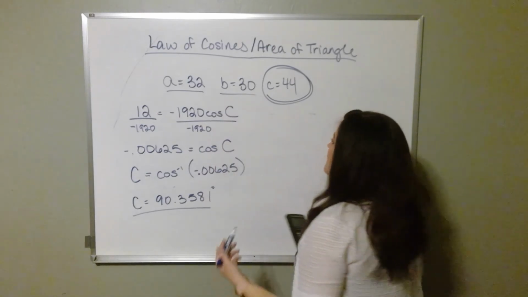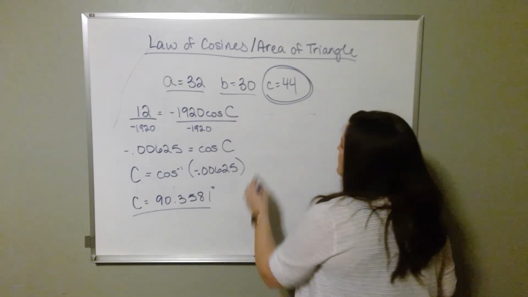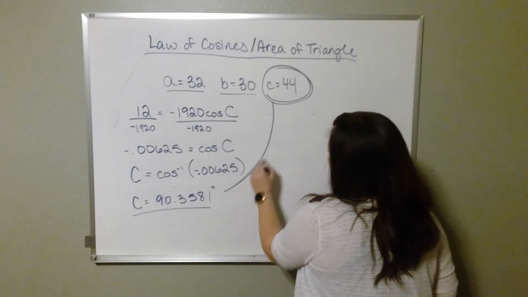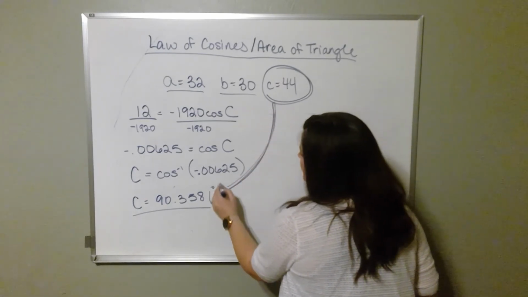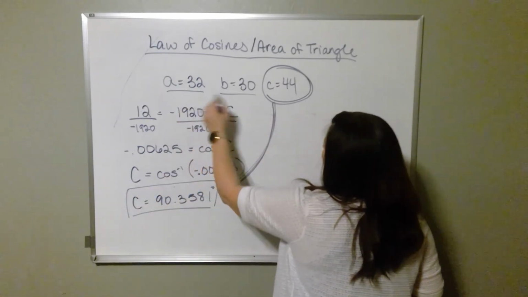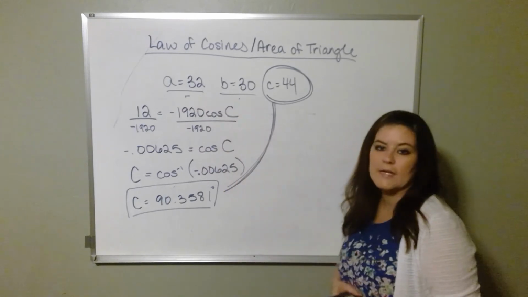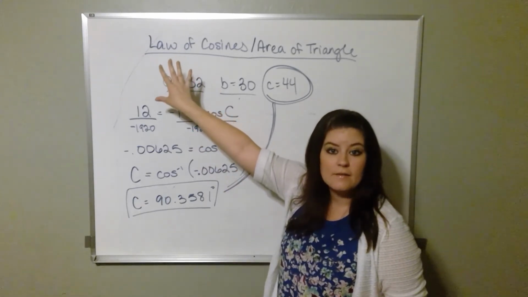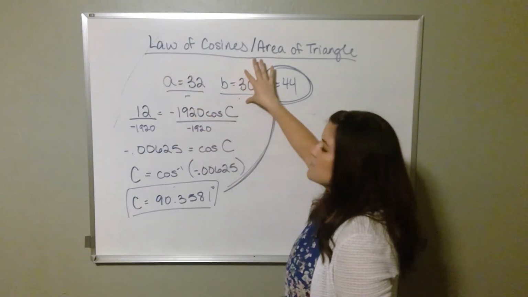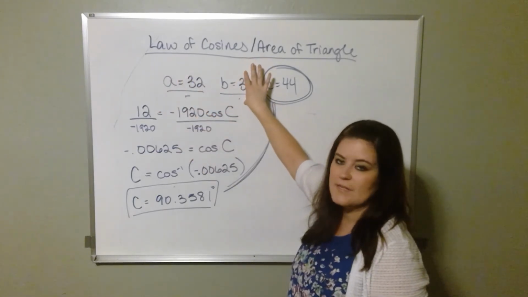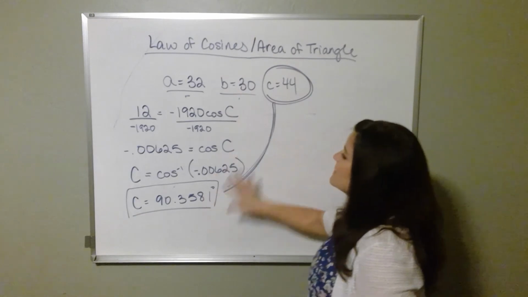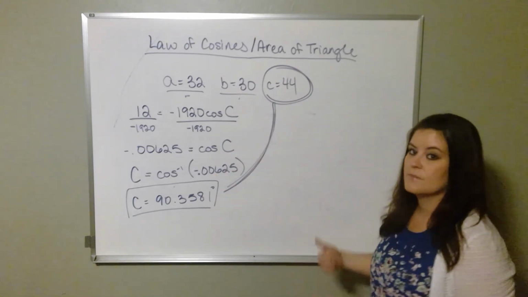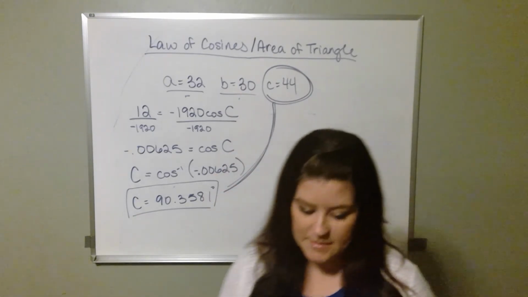It really doesn't matter. But the way we're going to do it is we would use the side-angle pair of C to then find angle A or angle B. After you find one of them, let's say you find angle A using the law of sines, remember, just subtract from 180 to find the last angle. I'm not going to complete that problem for you because we did it multiple times in the last part.